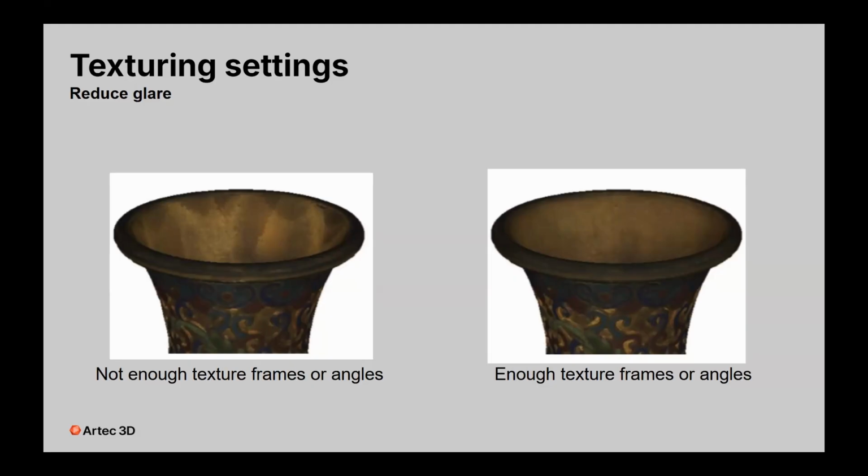That is why we need to increase the texture frames frequency in order to avoid that. On the right, you can see the results with more frames picked for that, and it's really smooth. There is a nice transition, nice gradient, and it looks true to life. That is what we're aiming for. That is why increasing frame frequency and using a correct trajectory is really important.